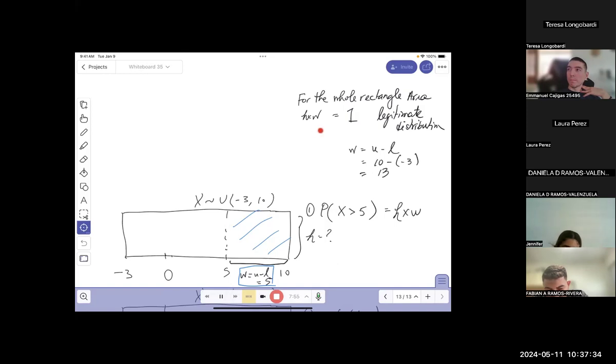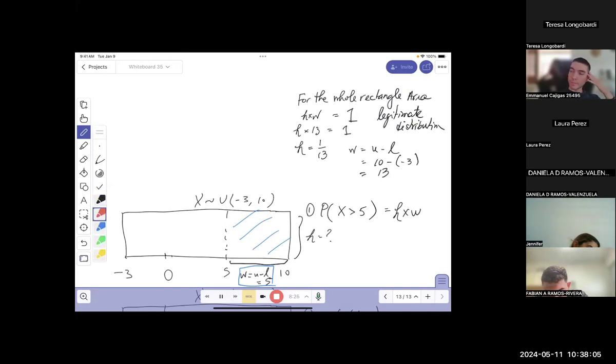So height times 13 is equal to 1. That means the height is equal to 1 over 13.